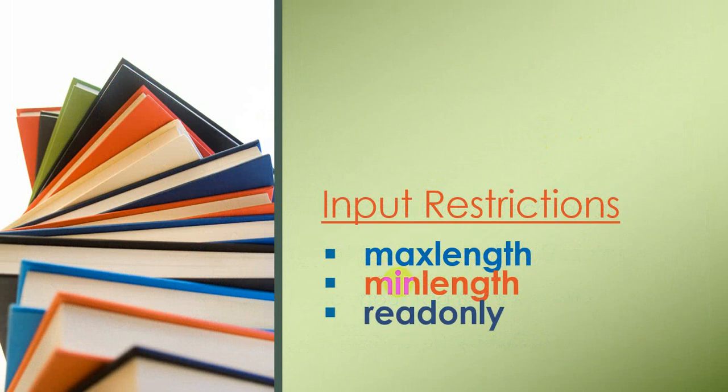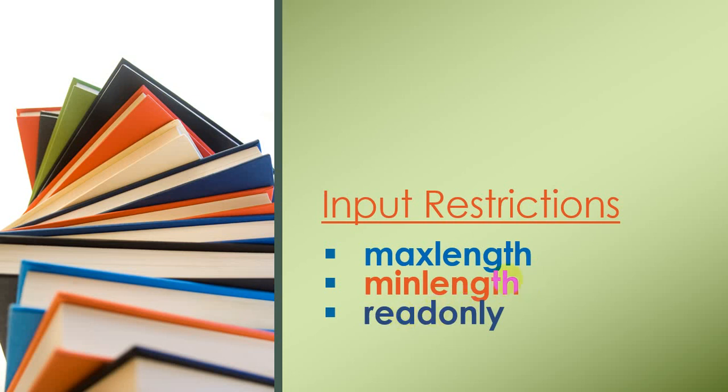Then we have seen minlength, the minimum number of characters the user has to enter. After that, actually in the previous lecture we did not take this topic, the readonly attribute, but in today's lecture we will see what the readonly attribute is in the input tag, what its use is, and what the functionality of that restriction is.